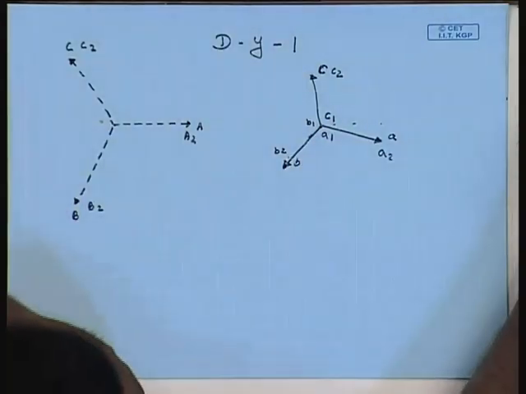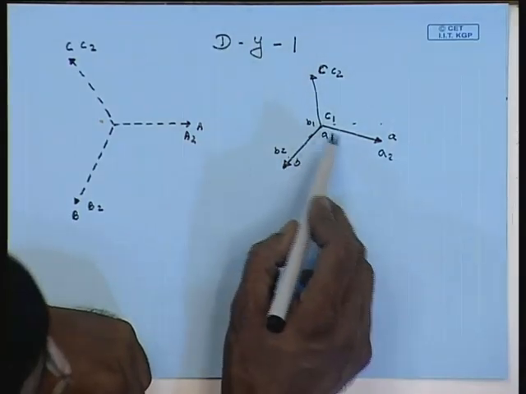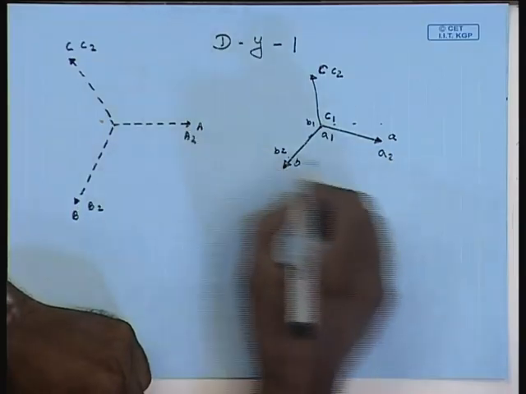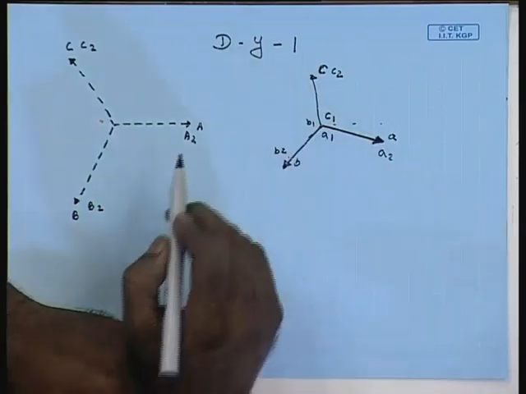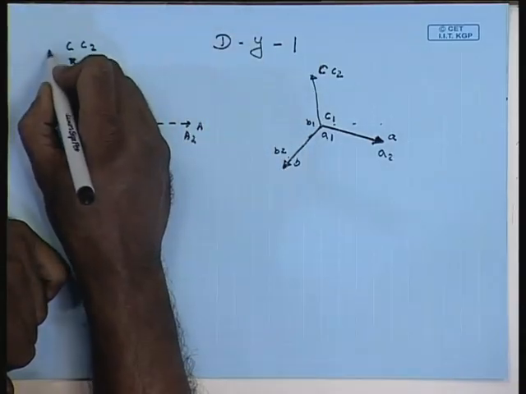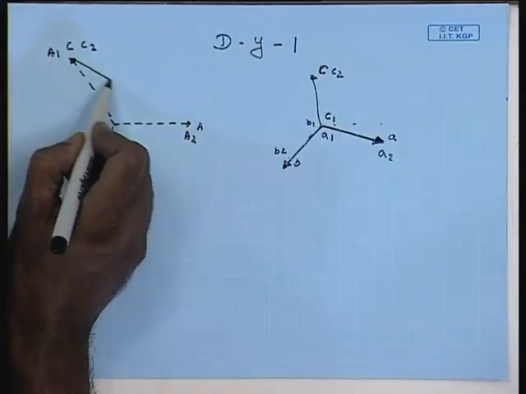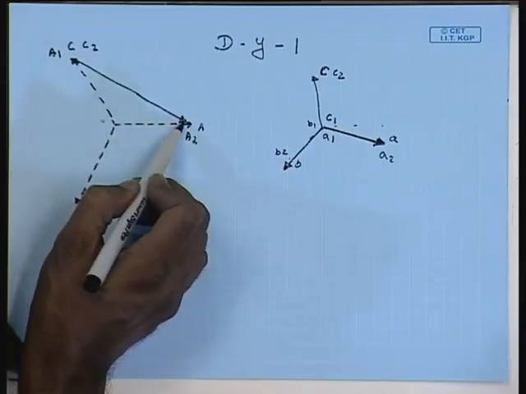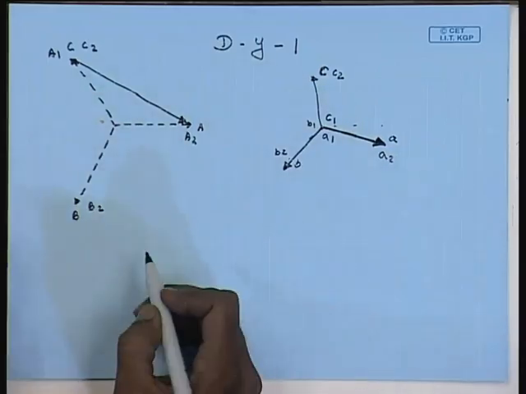Hence, it is imperative that the high voltage side voltage A1, A2 be parallel to the low voltage side line to neutral voltage A1, A2. So, in this case, this terminal will be A1, so that the voltage phasor A1 to A2 is parallel to the low voltage side voltage phasor A1 to A2.